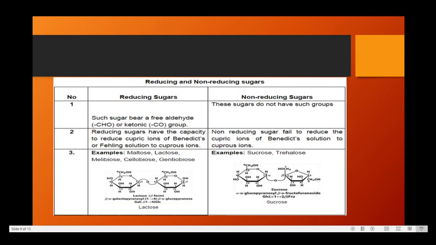This is because of the absence of a free aldehyde or ketone group in non-reducing sugars. Examples of reducing sugars are maltose, lactose, melibiose, cellobiose, gentiobiose, etc. And examples of non-reducing sugars are sucrose, trehalose, etc.